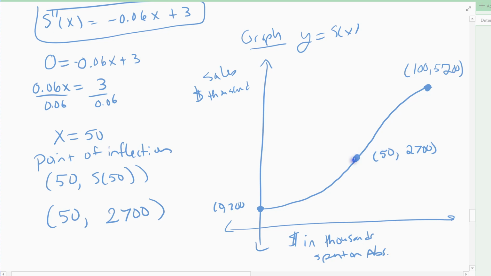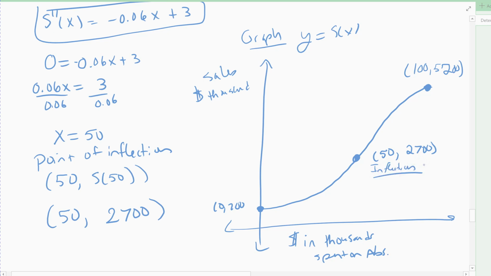So this 50 would represent $50,000 spent on advertising. This 2,700 is $2,700,000 in sales. All right, which is the inflection.